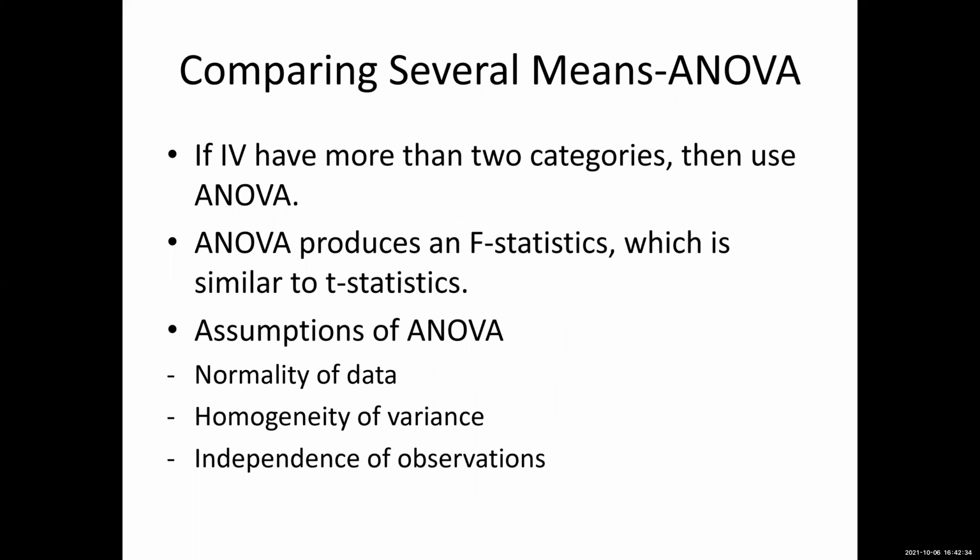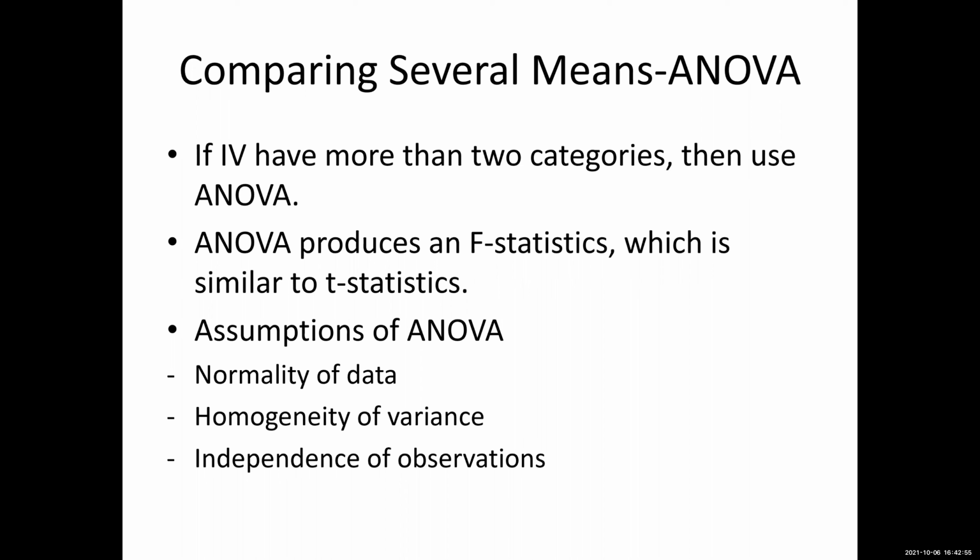Now, what if we have more than two categories? The t-test is concerned with the case when we have only two categories in our independent variable, like male and female, dead or alive, or old and young.